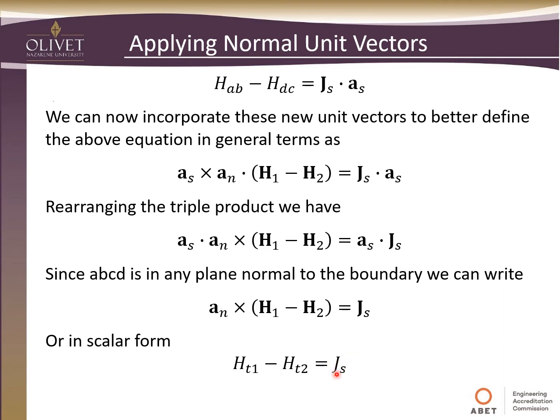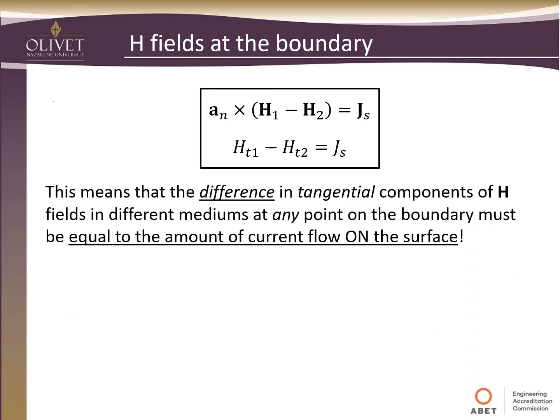But if there is any flowing, that's going to account for the difference in these two. So again, these are the tangential components of our magnetic field. This means that the difference in the tangential components of the magnetic field in different mediums at any point on the boundary must be equal to the amount of current flow on the surface.